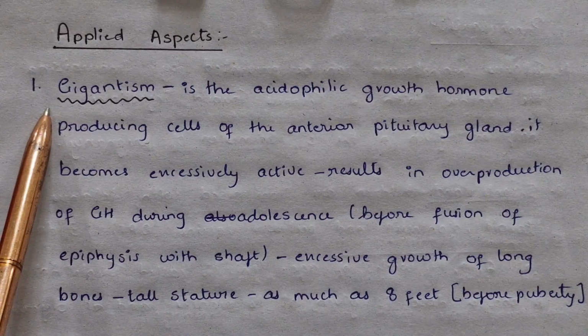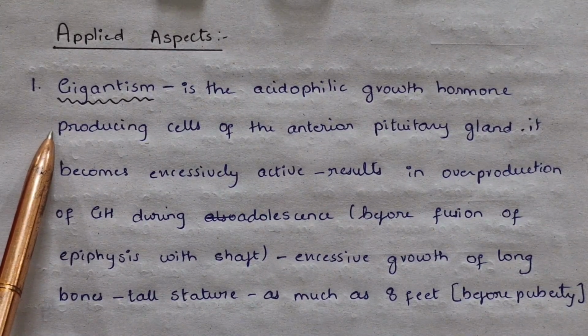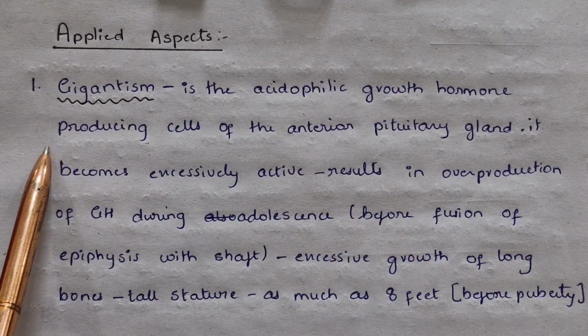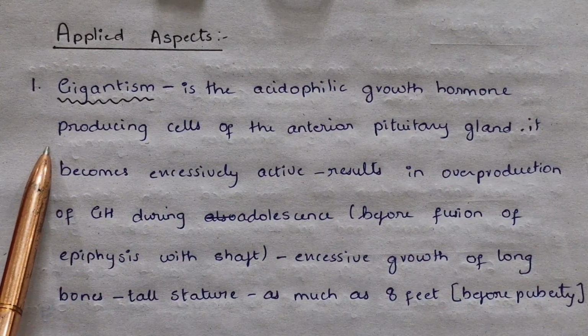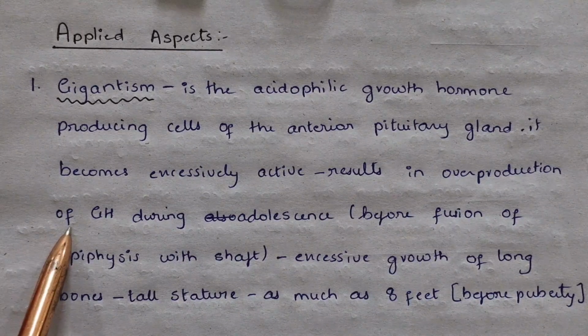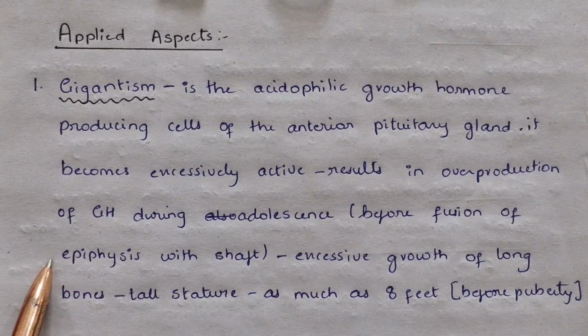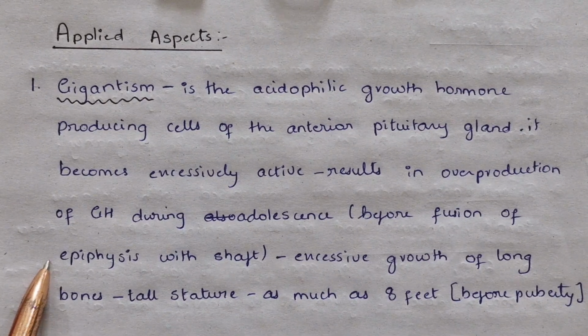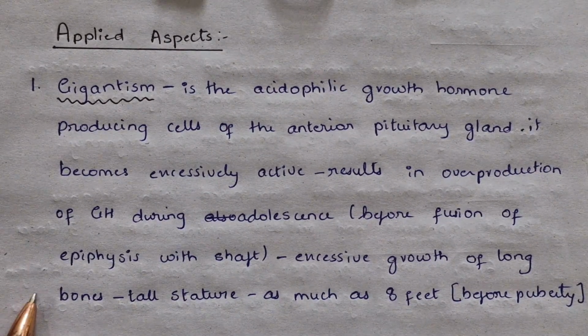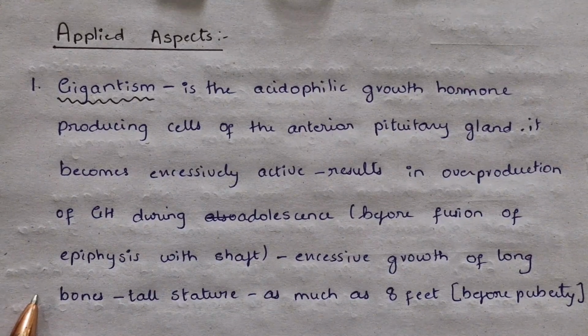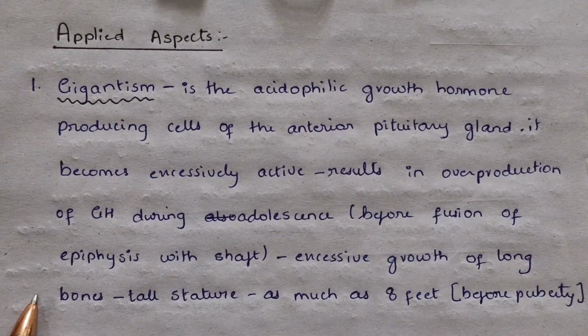The acidophilic growth hormone producing cells of the anterior pituitary gland become excessively active and result in overproduction of growth hormone during adolescence, that is, before the fusion of the epiphysis with the shaft. There is excessive growth of long bones, resulting in a tall stature as much as 8 feet before puberty.